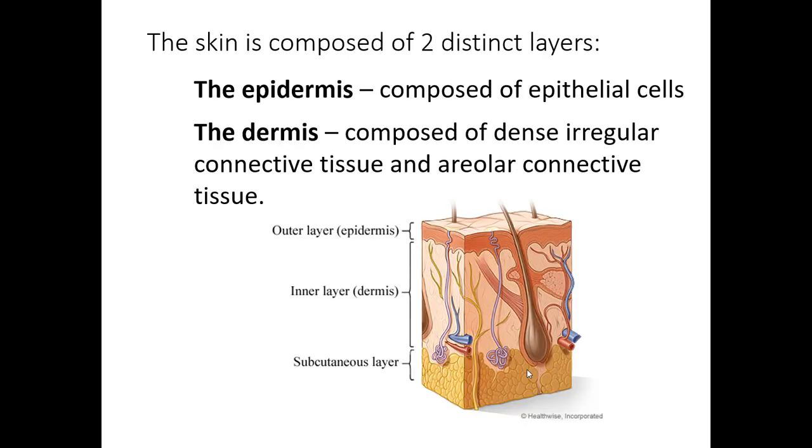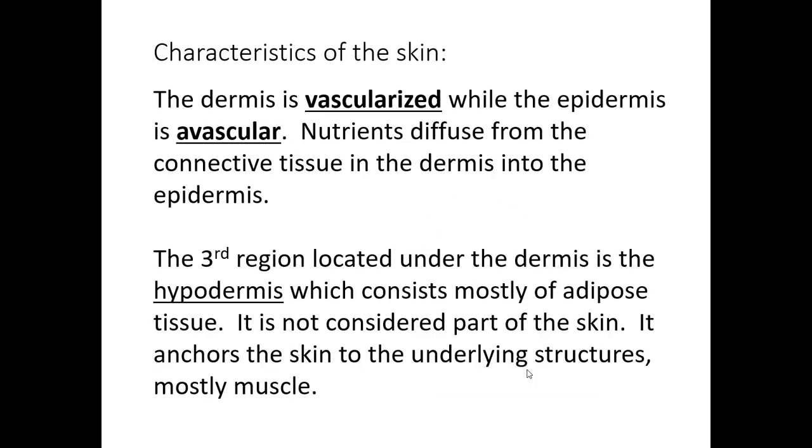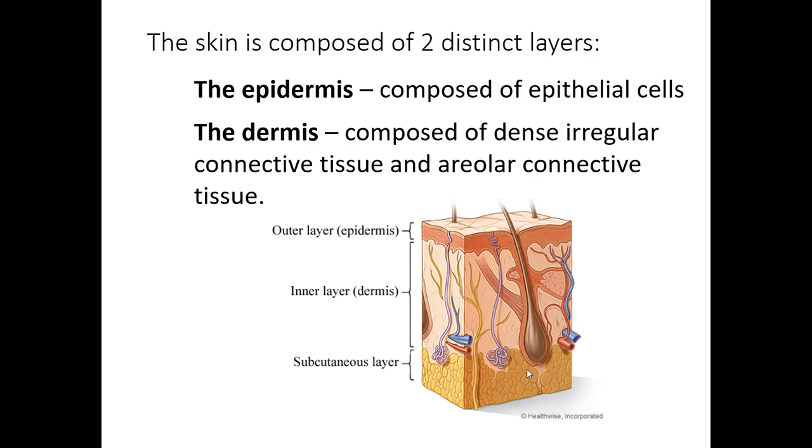Let me go back to that image. So if you look at your slide, and I'm thinking, looking at your guided notes, the epidermis is the superficial region that is composed of epithelial tissues. I did mention that. The dermis underlies the epidermis, mostly of fibrous connective tissue. What I did not discuss was the hypodermis, also referred to as the subcutaneous layer.